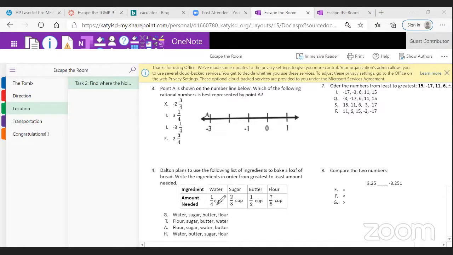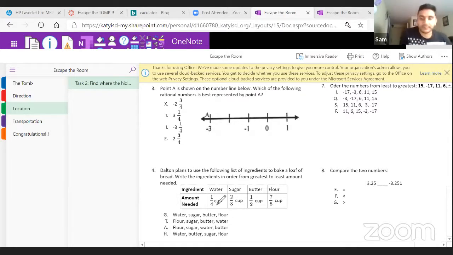What's the decimal of 2/3? So 2/3 is going to be 0.67, right?